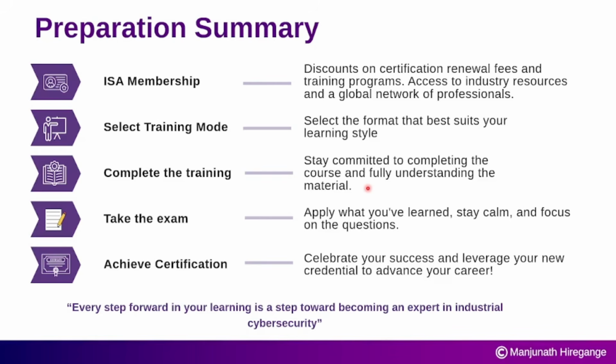With that code, you attempt the exam within 6 months. During the exam, make sure that you stay calm and focus on the questions. I would say it's not that tough, but there might still be some complex questions during the exam.